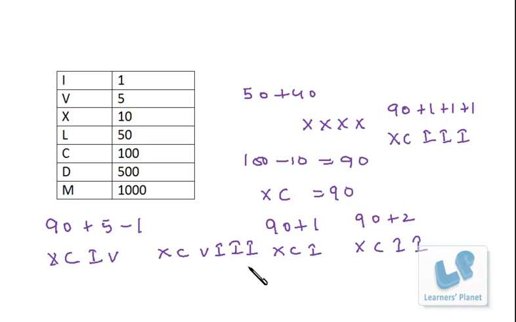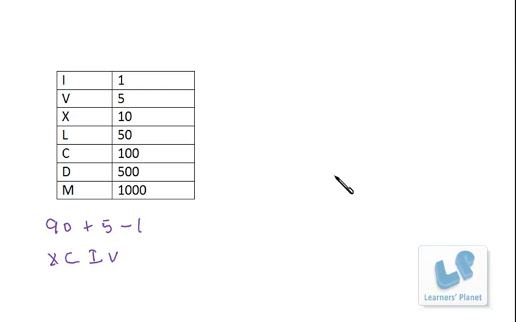Further, how do we write 99? 99, that is 90 plus 9. Now if I write 90 plus 5 plus 4, I have to write I four times, which is not acceptable. So what I will do is, it's 90 plus 9. Now how do I write 90 plus 9?